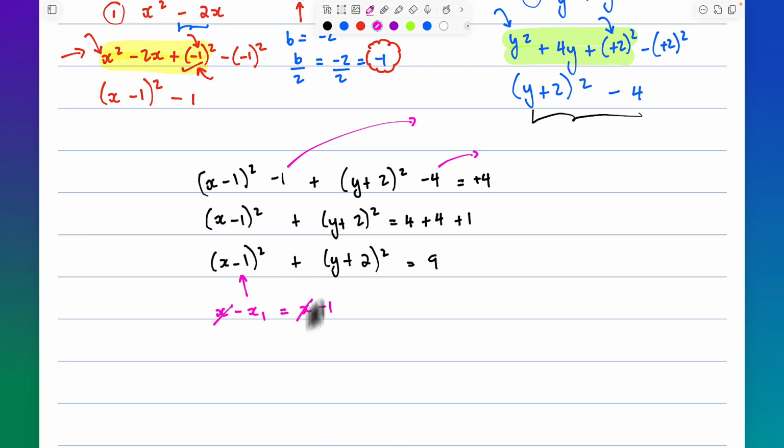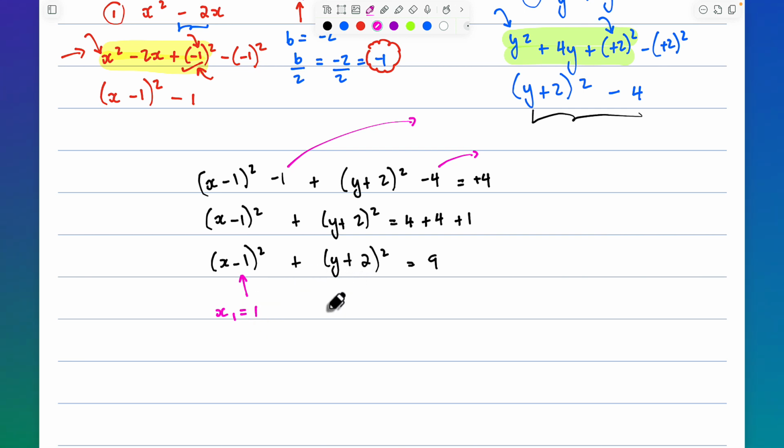These x's are going to cancel, and you're left with negative x1 is equal to negative 1. So that means your x1 is equal to positive 1. If the signs get confusing, you can write it this way. But essentially, this tells us that your x1 is positive 1.